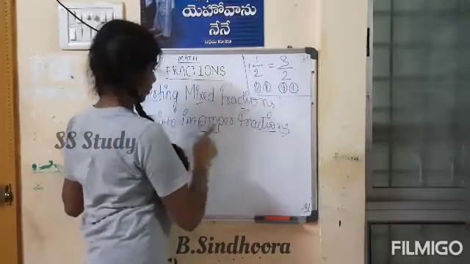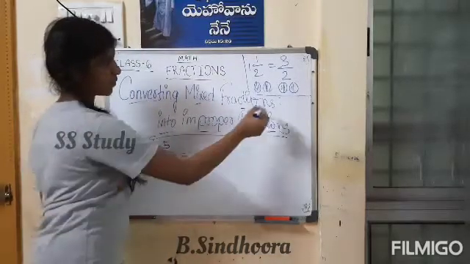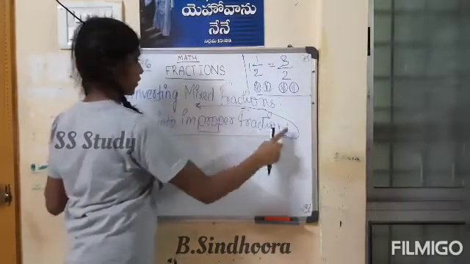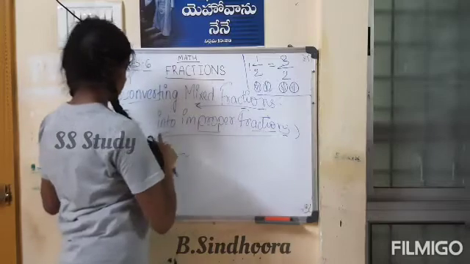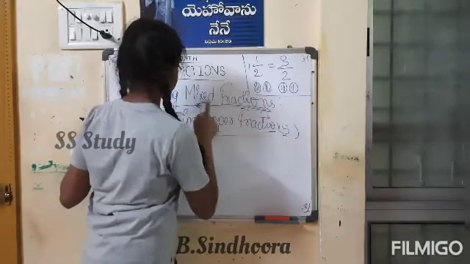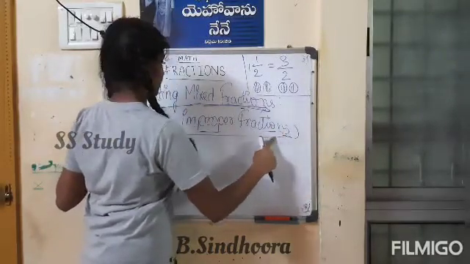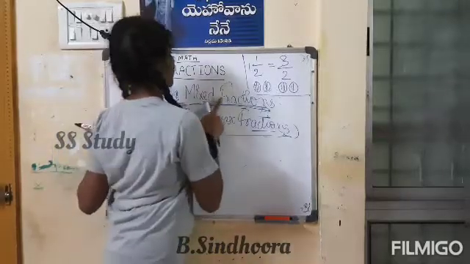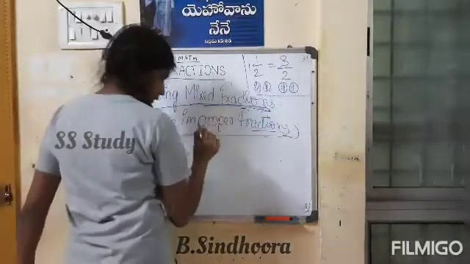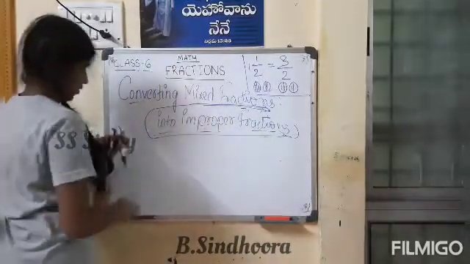Mixed fractions into improper fractions, again improper fractions into mixed fractions. Okay. 5 by 2 is an improper fraction. Now let's first convert mixed fractions into improper fractions. Okay.